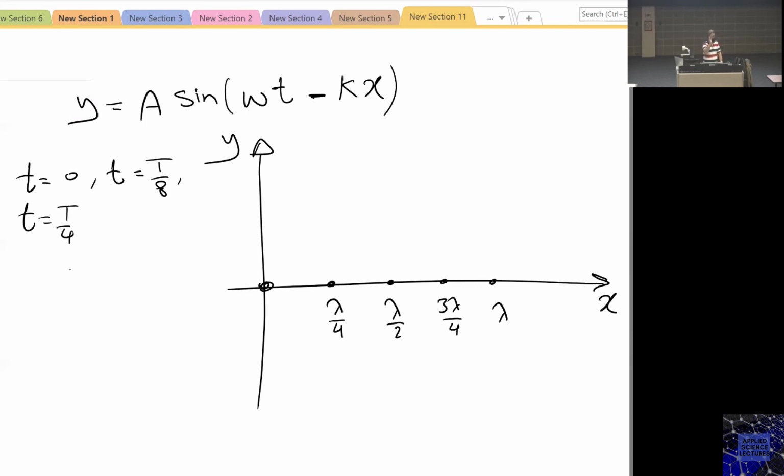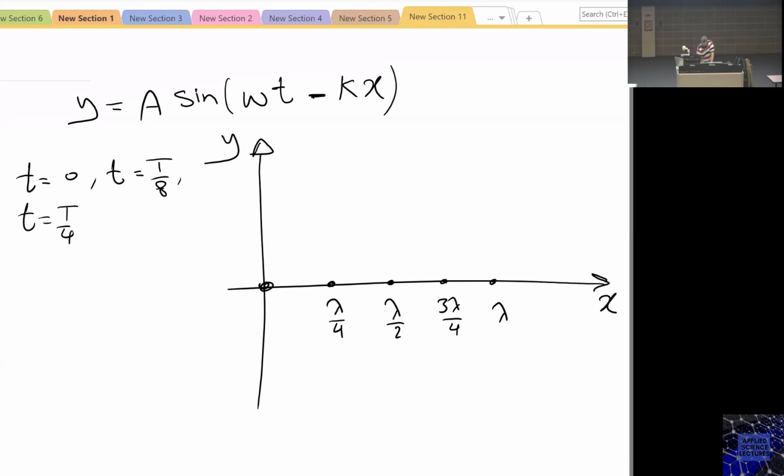I will discretize them into time snapshots. Those times, I will freeze them, I'll take them as snapshots. So here, I'll start with t equals 0, and I will rewrite now the function for t equals 0.